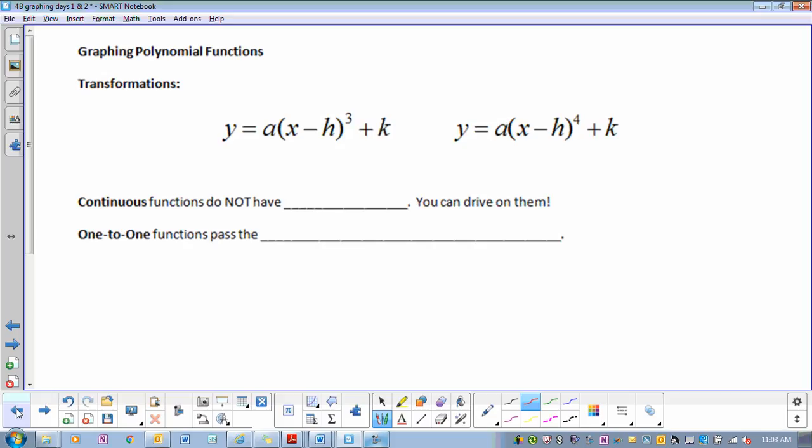Okay, so let's talk about transformations really quickly. I put two examples there because it doesn't matter if it has an x to the third or an x to the fourth. Transformations are always going to do the same thing. This is not new. If you have a plus k on the outside, how does that make the graph move?